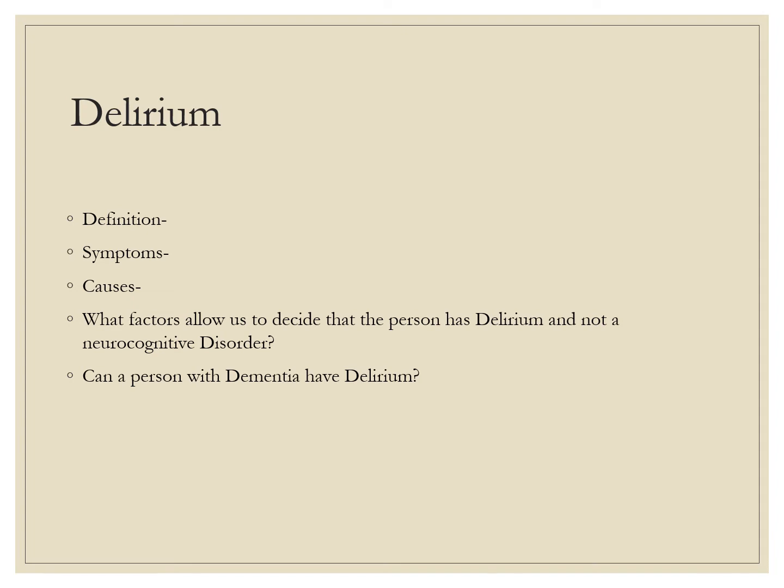One of the most common things in elderly with delirium is an infection of some type. When you get older, your body has a decreased immune response, so we may not see the same type of symptoms in an infection that you would with a younger person.